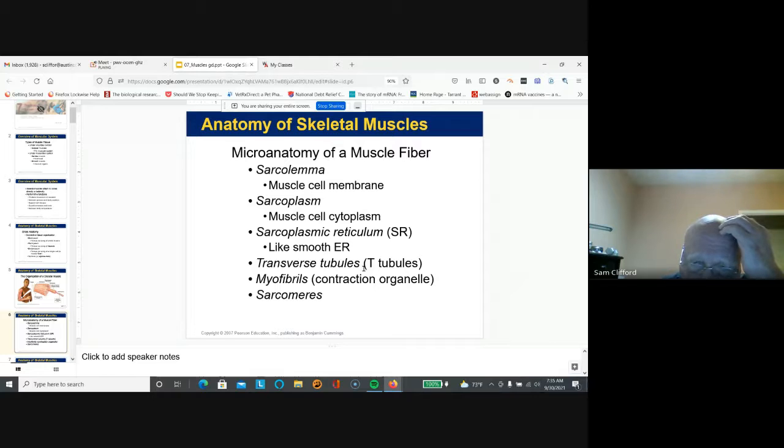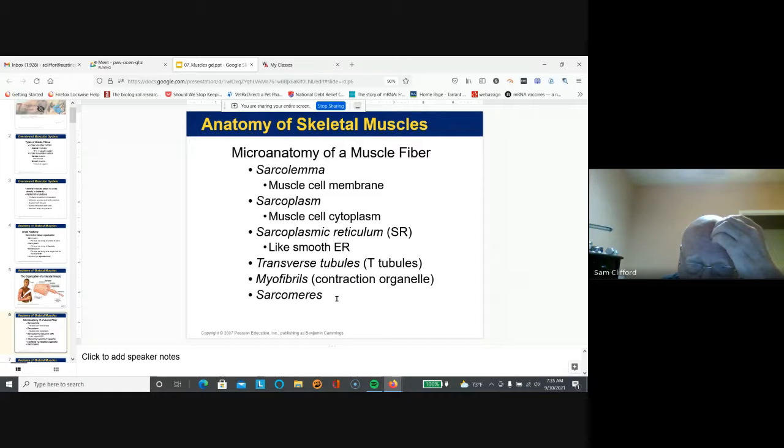Transverse tubules are openings in the muscle fiber membrane. Myofibrils are actin and myosin, we'll learn. They make up the contractile proteins within a muscle cell or fiber.